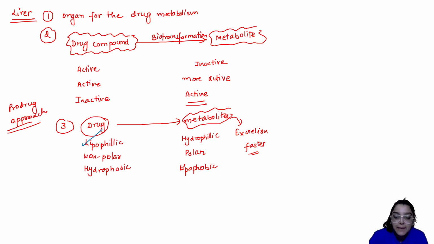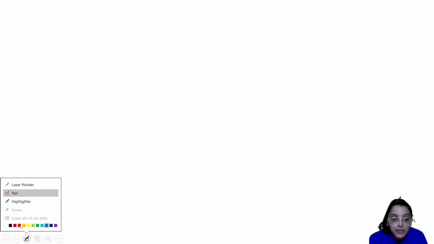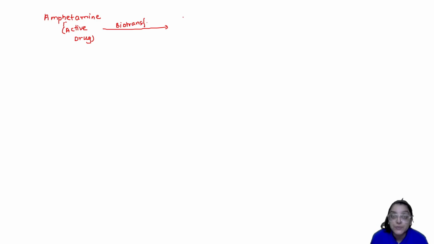A few important examples to note, of which molecules get active or which molecules get inactive. First is amphetamine. Amphetamine is an active drug which after biotransformation is converted to phenylacetone, that is an inactive metabolite.